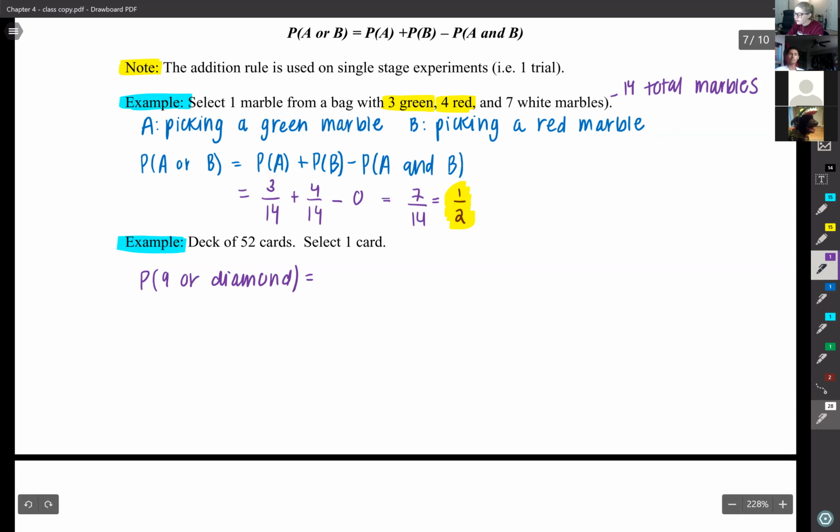So based on my formula, this is equal to the probability of picking a 9 plus the probability of picking a diamond, and then minus the probability of picking a 9 and a diamond.